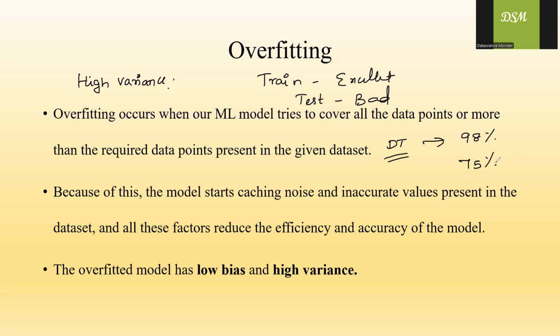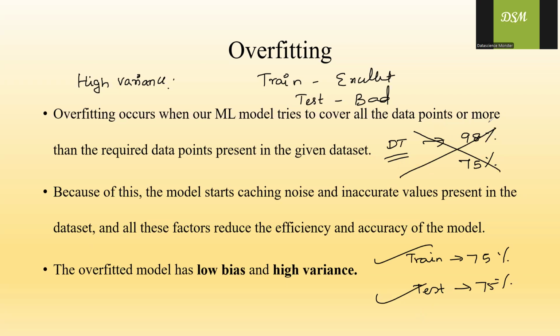We want only a generalized model, which should not have underfitting or overfitting issues, right? So if I have a model with train data 75 and test data 75, that is perfectly fine for me. This is perfectly fine, but no managers, no ML engineers will be accepting this one, right?